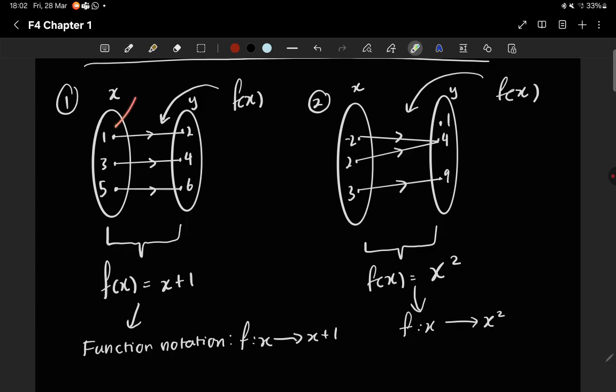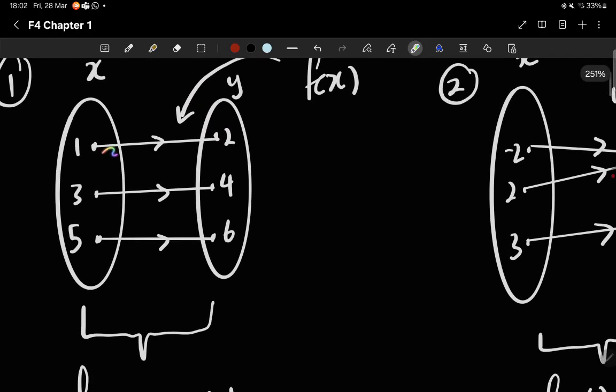So if I were to throw a 1 into the machine and it gives me a 2, this is where functions come in. The functions are the things that transform that input they get and give us an output we want. So for example, over here, if I were to throw in a number 1, I'd get back a number 2.